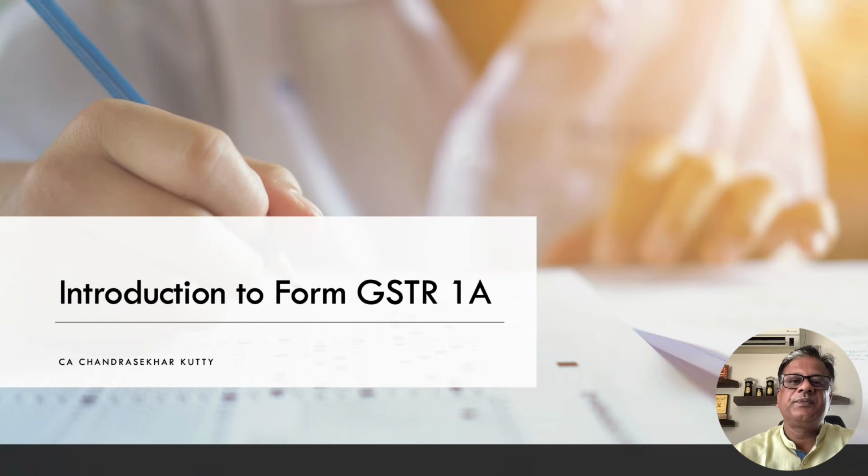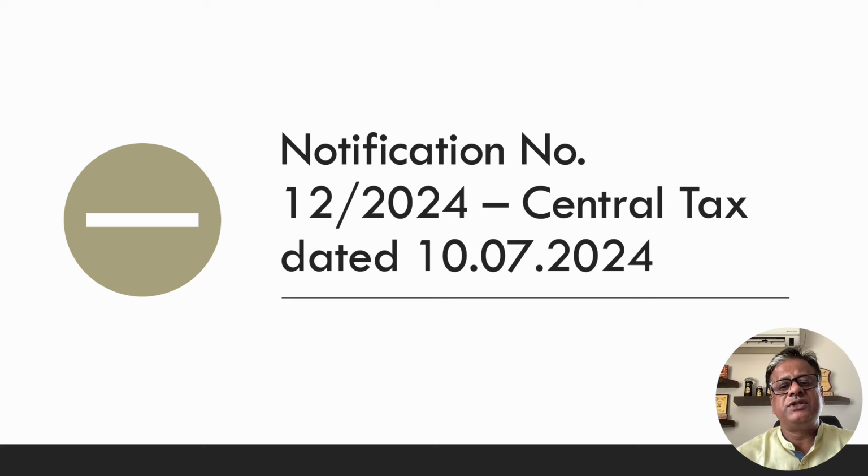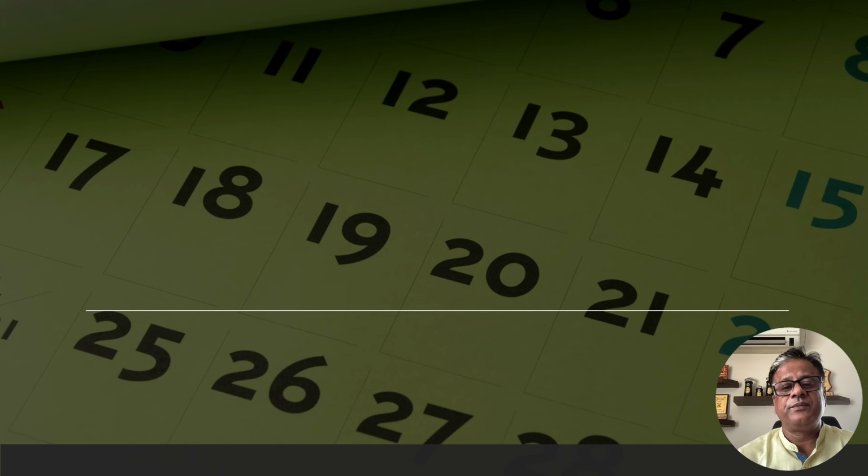Hello friends, a very important video on a new form, GSTR-1A, which is introduced from August 2024. This form was officially introduced via notification number 12/2024 on 10th July 2024, but for practical purposes in the portal it got implemented from August 2024.